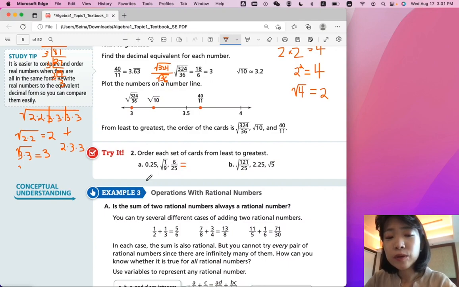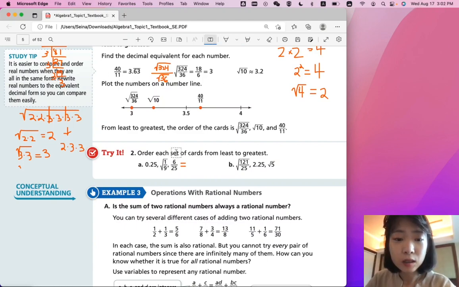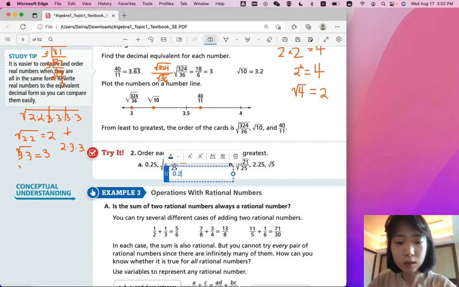All right, if you change them into decimals, what would come first? 6 over 25 is 0.24.